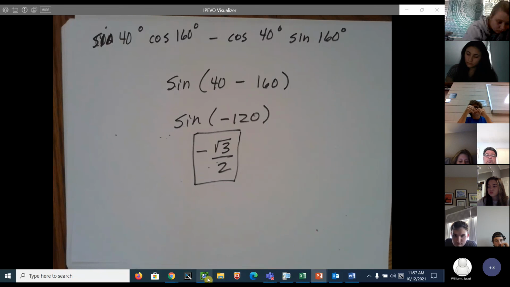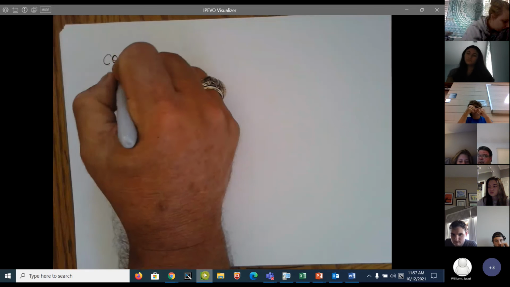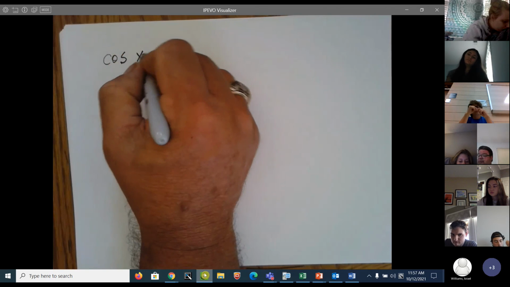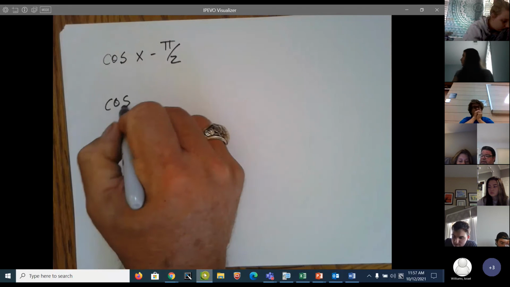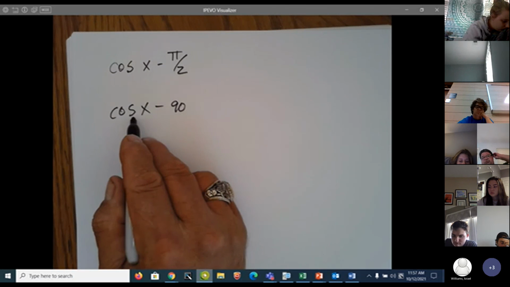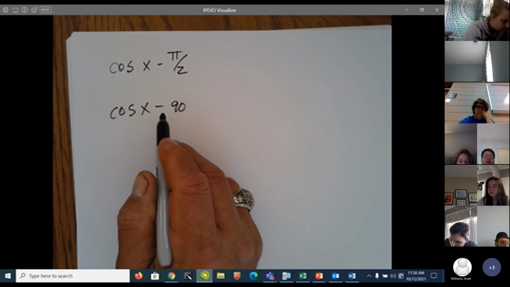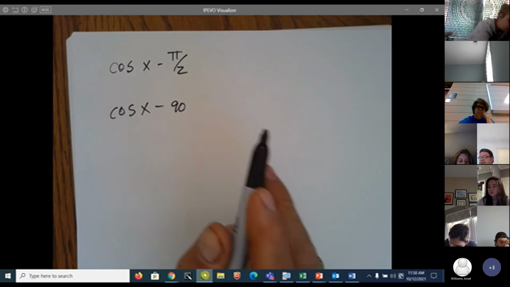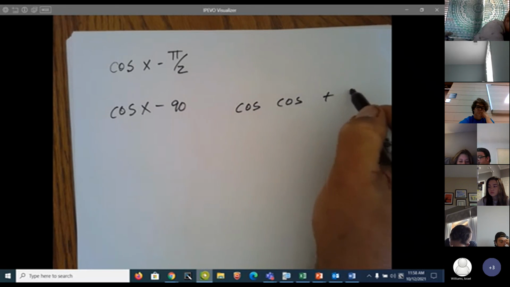So cosine of x minus pi over 2 is cosine of x minus 90. Well, that means we're going to use cosine of a minus b, which is cos cos plus sine sine.